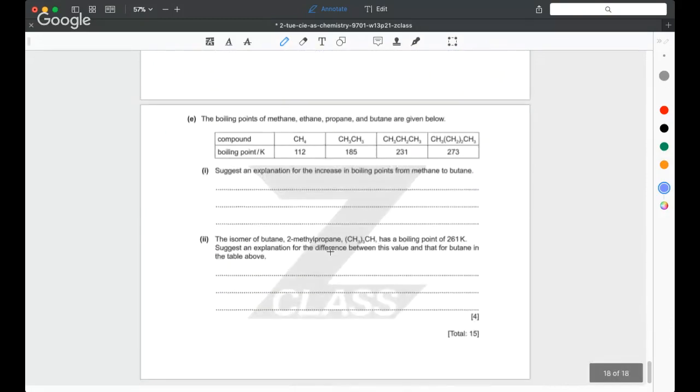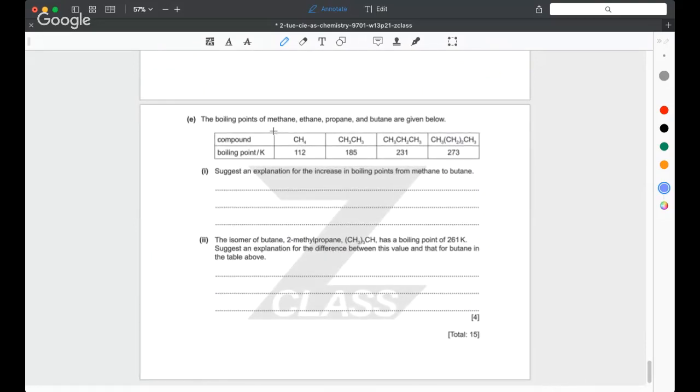Okay, last question here, looking at the boiling points in this homologous series, methane, ethane, propane, butane. And as you go up the homologous series, then the boiling point is increasing, and you've got to give an explanation for that.